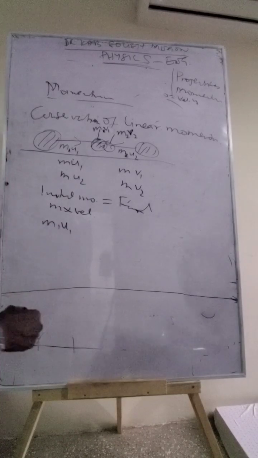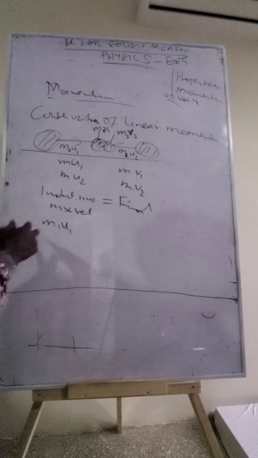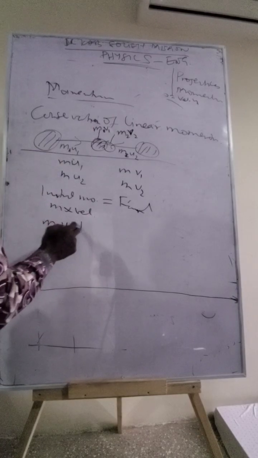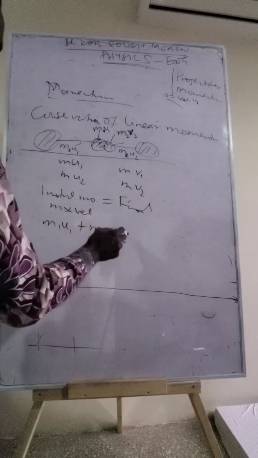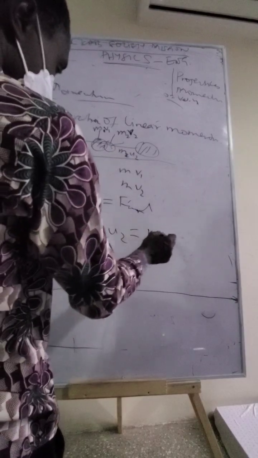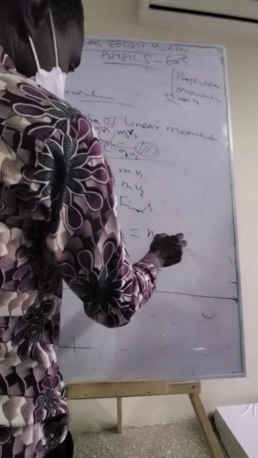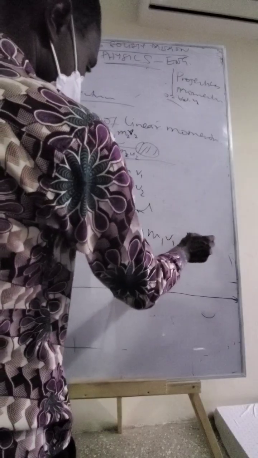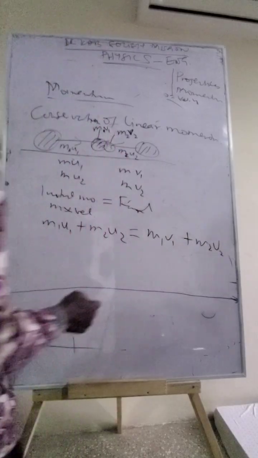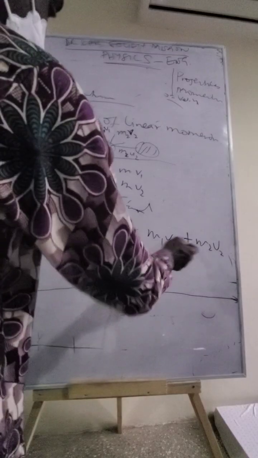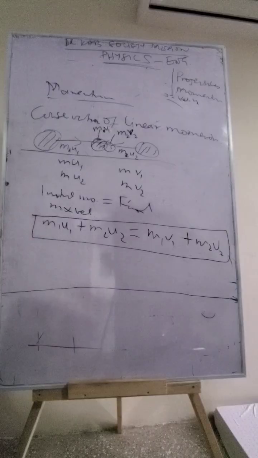So what we are saying is the sum of the initial momentum, this plus m2 u2, will be equal to m1 v1, or m1 v, plus m2 v2. Okay, right. So in this case, this is the equation you are talking about.